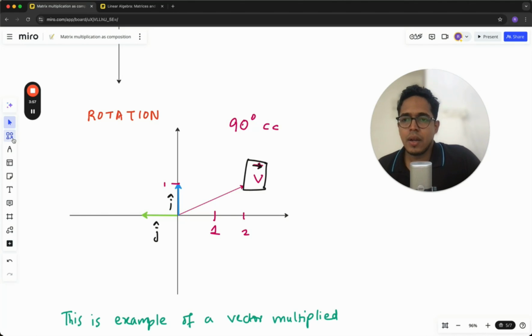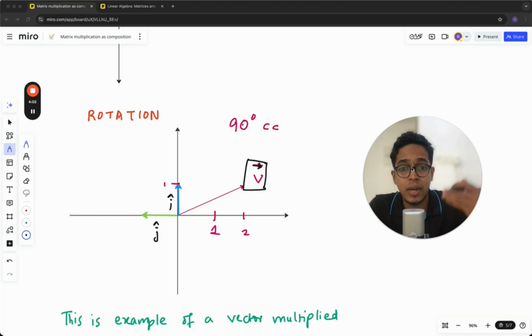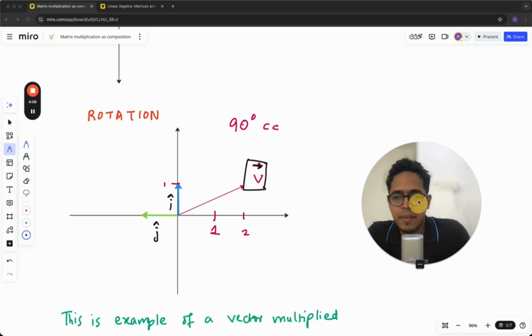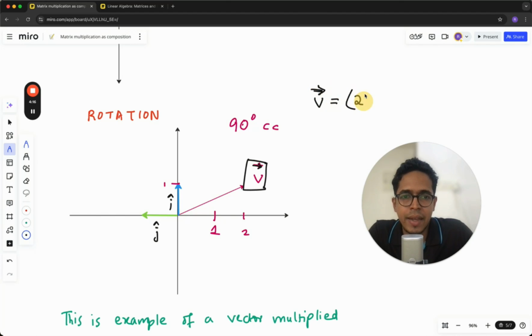What we have learned is that we can represent the new transformed vector in terms of the new transformed unit vectors i and j. Previously, before transformation, v was expressed as v equal to 2 times i plus 1 times j.